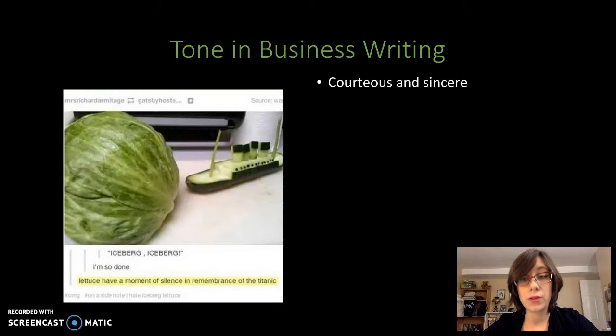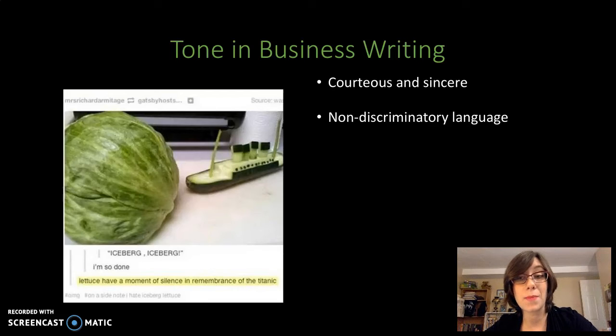Make sure also you are courteous and sincere in both letters, emails, memos, anything. Make sure you use non-discriminatory language. And so instead of saying something like mailman, you want to say mail carrier. Okay, that's non-discriminatory language. Instead of saying policeman, police officer.